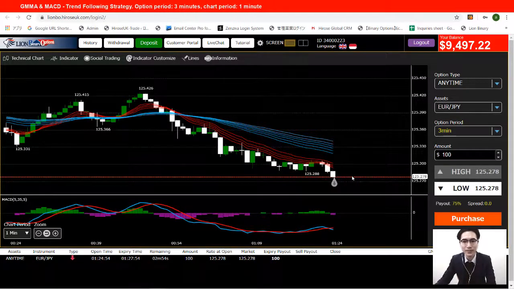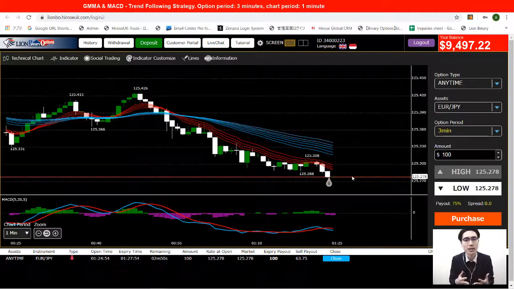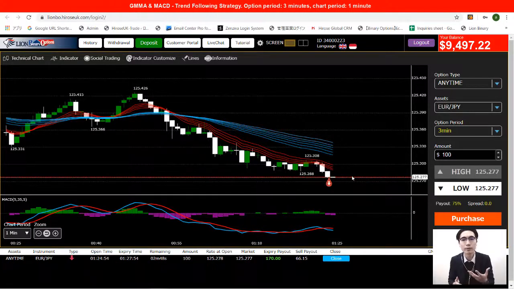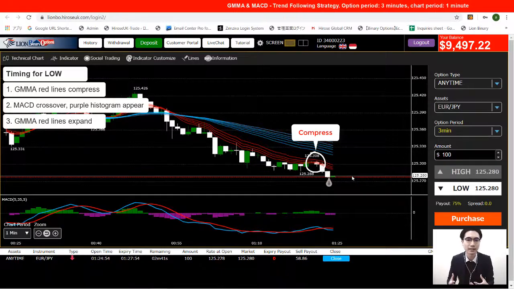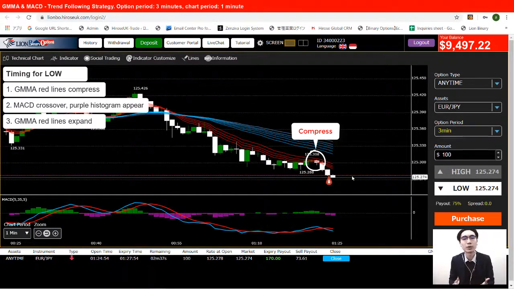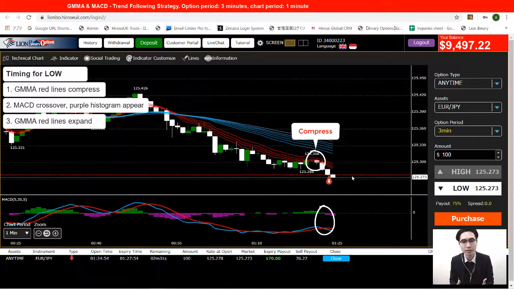Now you see the timing for us to open a position when using this strategy is that we will first take a look at the GMMA. We need to identify a compression in the red lines in the GMMA. Then after that, we move on to the MACD, where we need the MACD to cross over and give me a purple histogram.